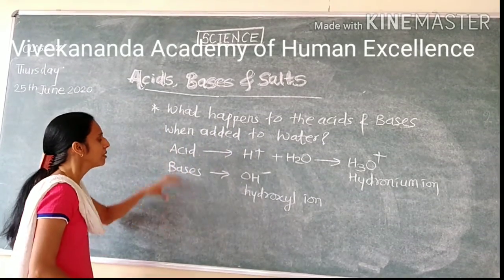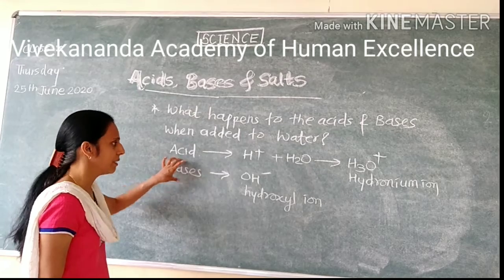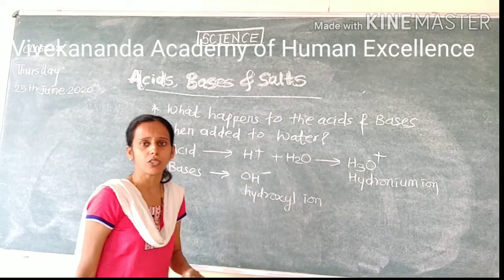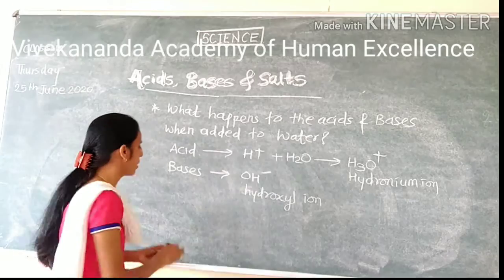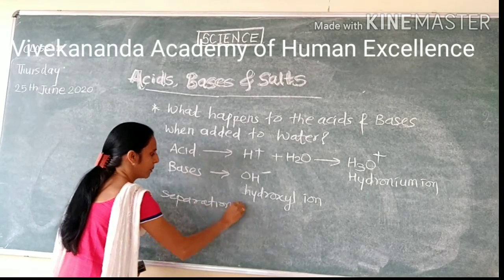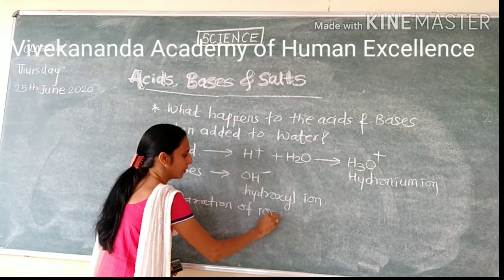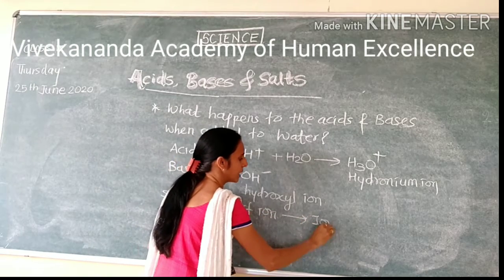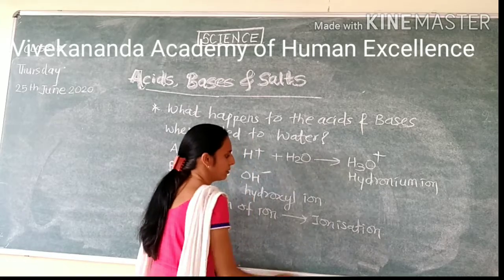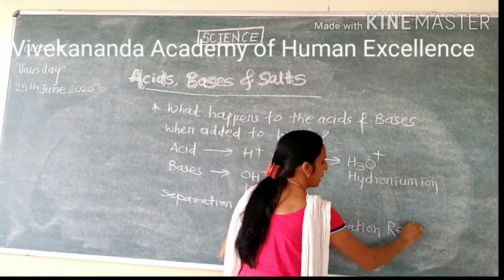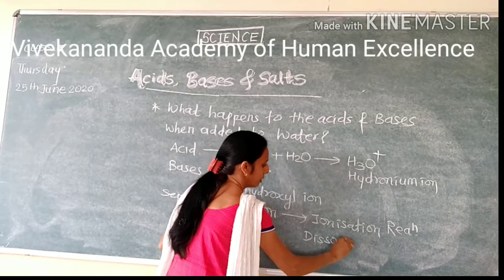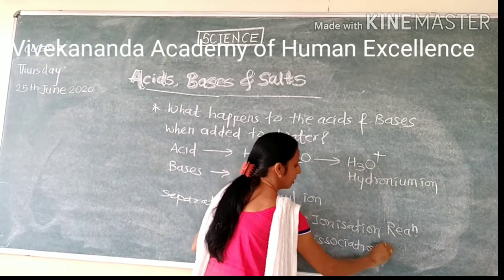It means that when acids and bases are added to the water, separation of the ions takes place. Separation of ions is called an ionization reaction, or it is also called a dissociation reaction.